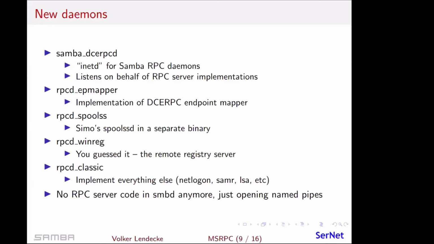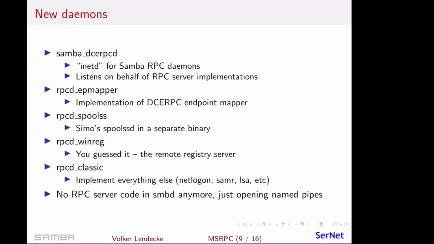What it does, it listens on behalf of the RPC server implementations that do the real work. And what we have is a number of processes defined. The first one I mentioned here is RPCD endpoint mapper, EP mapper, implementation of the DCERPC endpoint mapper protocol.